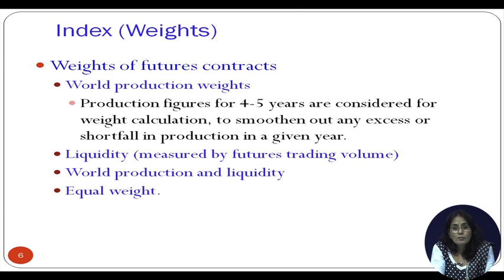When it comes to world production, the question is what is the total amount of that particular commodity which has been produced in the world. So the Index Advisory Committee has to keep track of the total production which has happened.